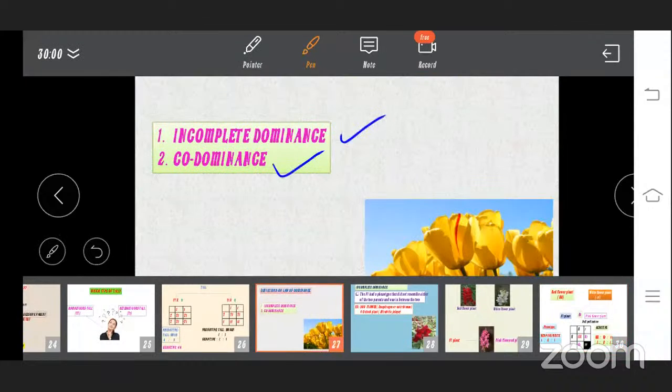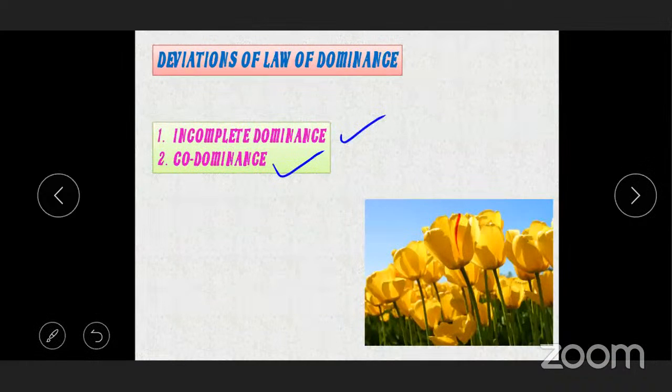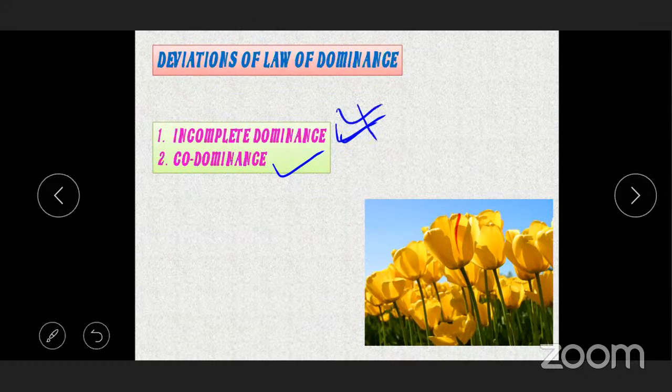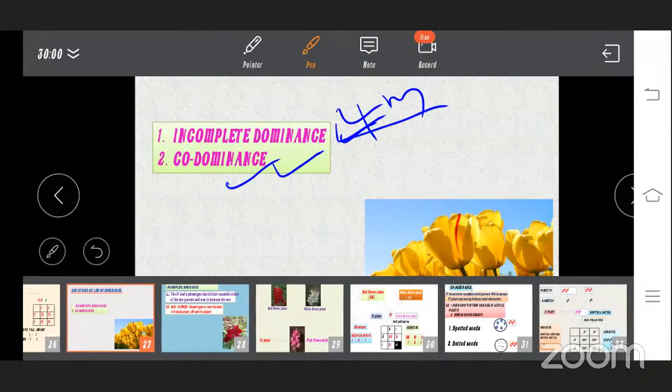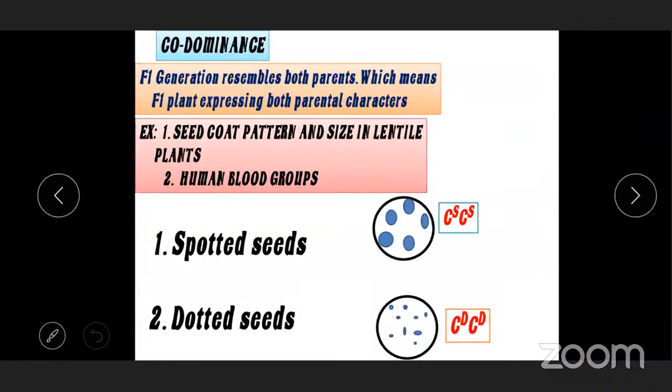The second type of deviation of the law of dominance; we completed incomplete dominance, which is important for intermediate exam 4-mark questions. Co-dominance is also important for 4-mark questions. Now let us discuss co-dominance.